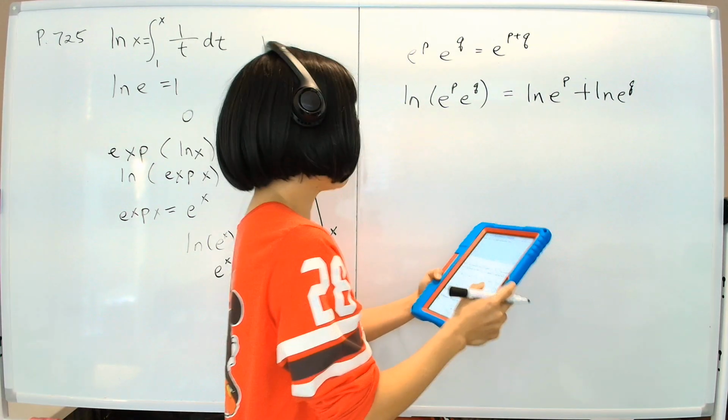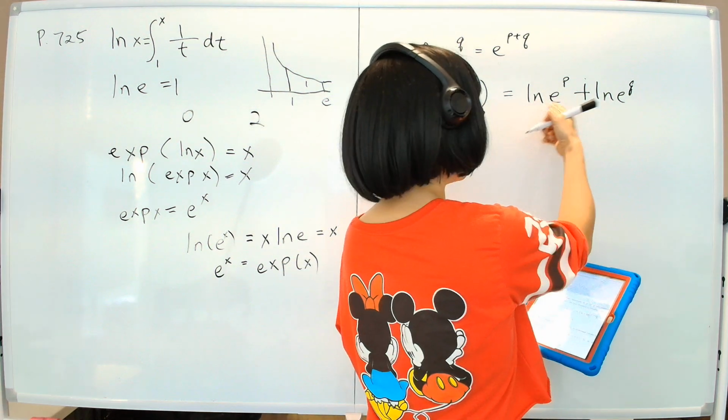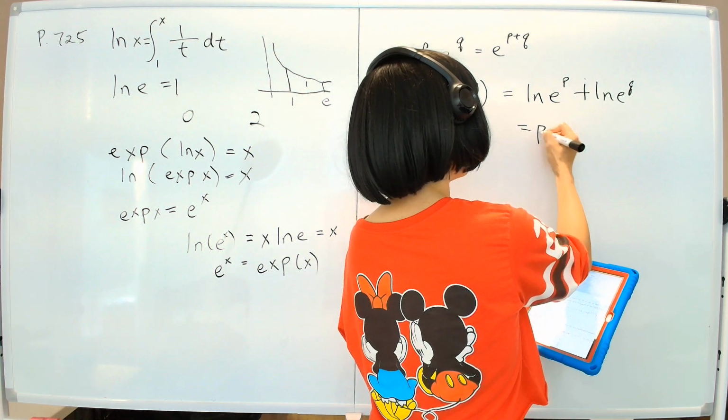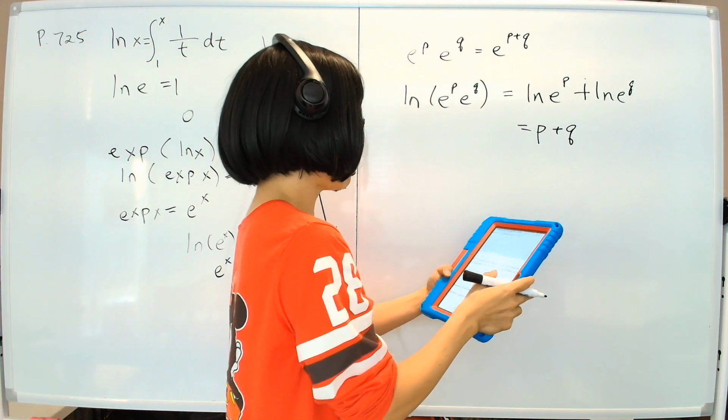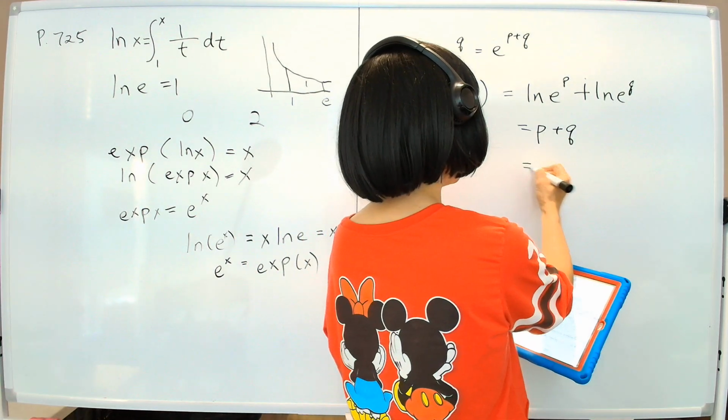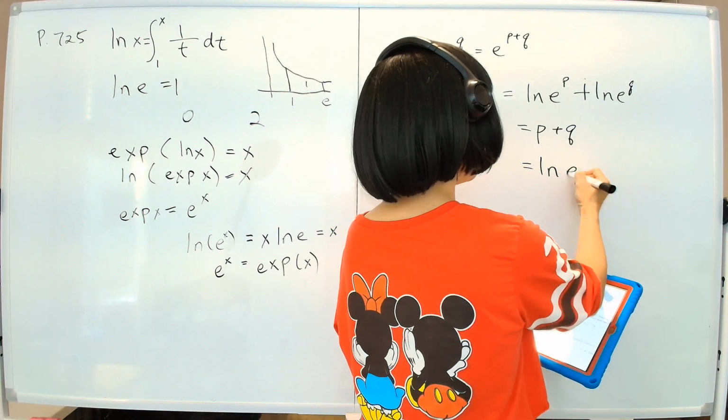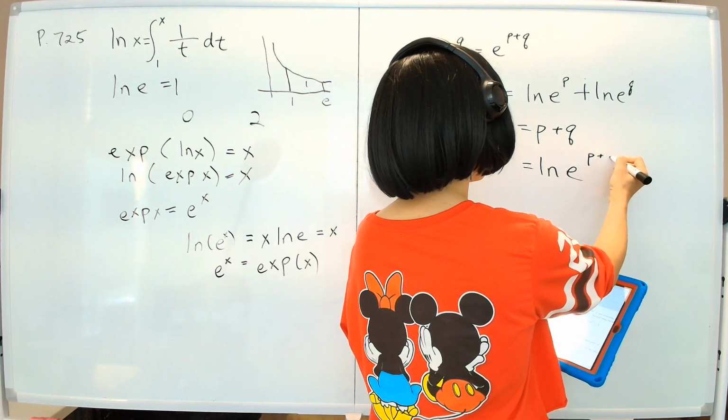And of course, being inverse functions, this is equal to p plus q. And that equals the natural log of e to the power p plus q.